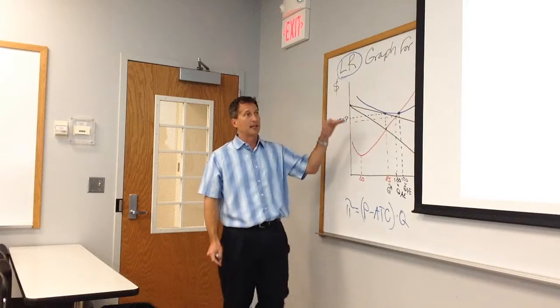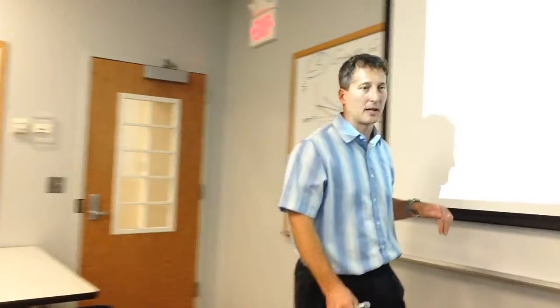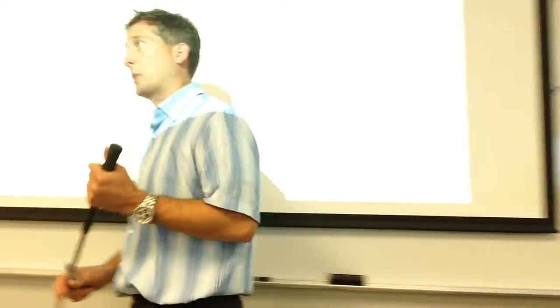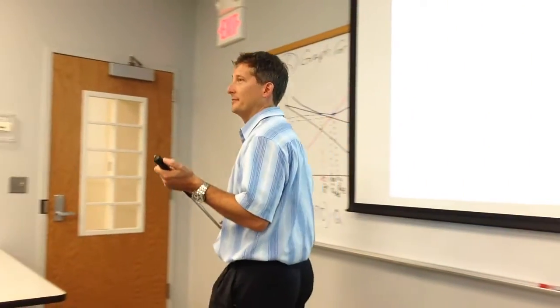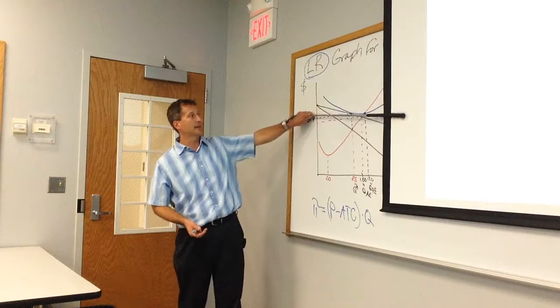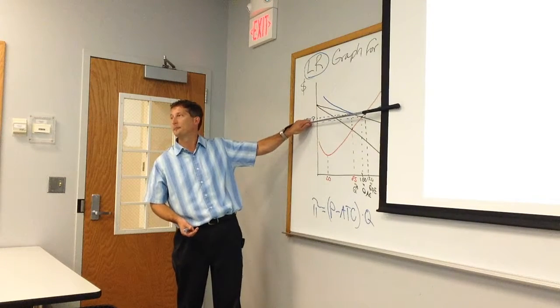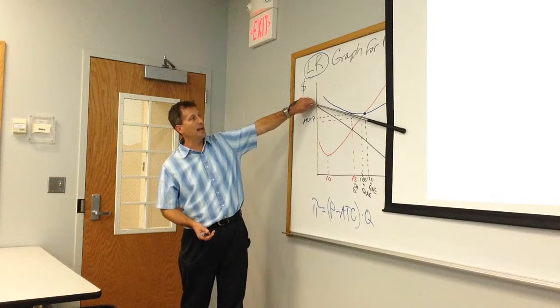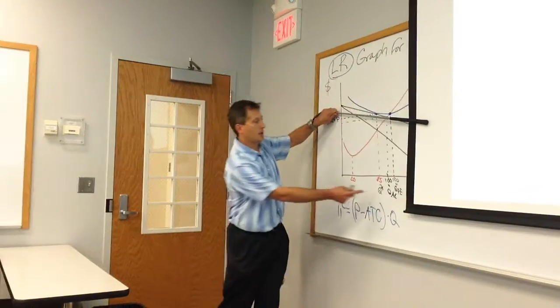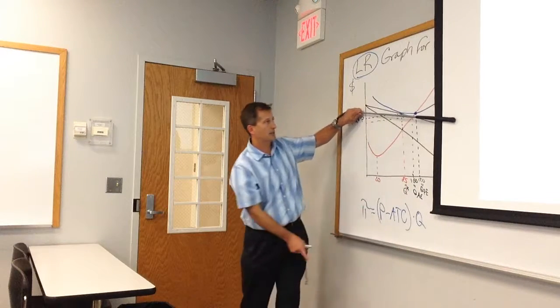It goes perfectly elastic, just like it did with our perfect competition. Do we get productive efficiency if we flatten this thing out? Yeah. Now, as we flatten it a little bit more, does Q star move to the right or to the left?